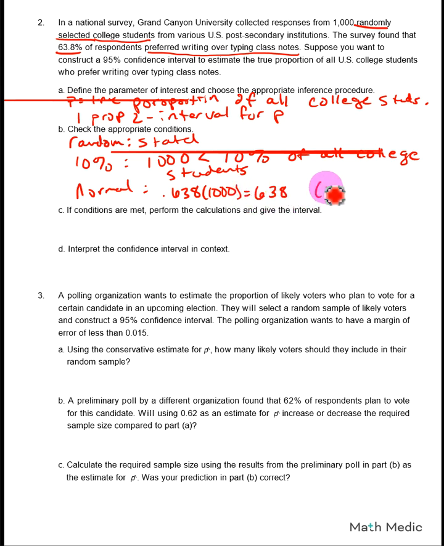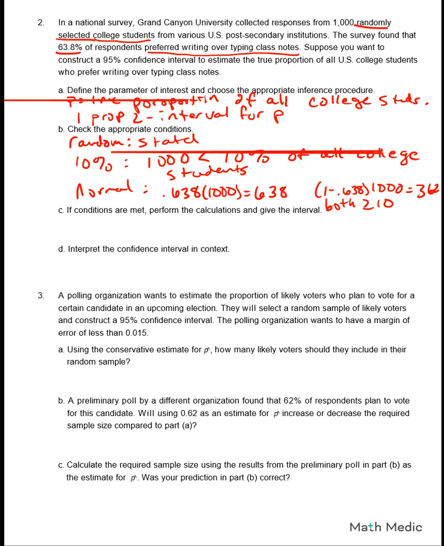So 1 minus 0.638 times 1,000 is what, 362? And so both greater than or equal to 10. So we're good there. Condition met, perform the calculations to give the interval. You can do this in your calculator. It's not asking you to do the construct thing.